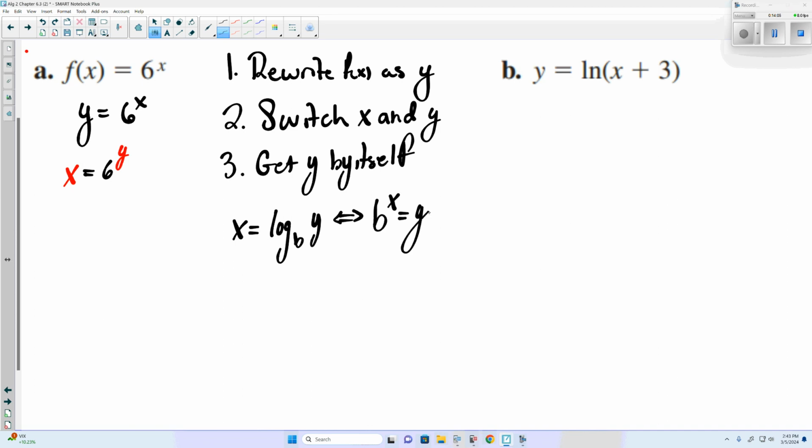So how would I rewrite this? Base, of... good job. And that's its inverse.